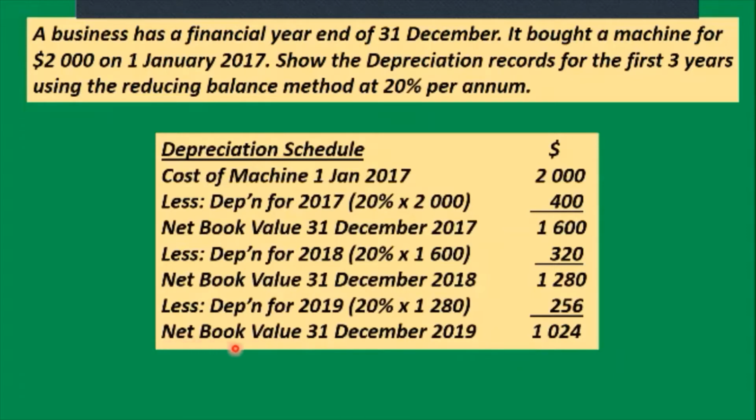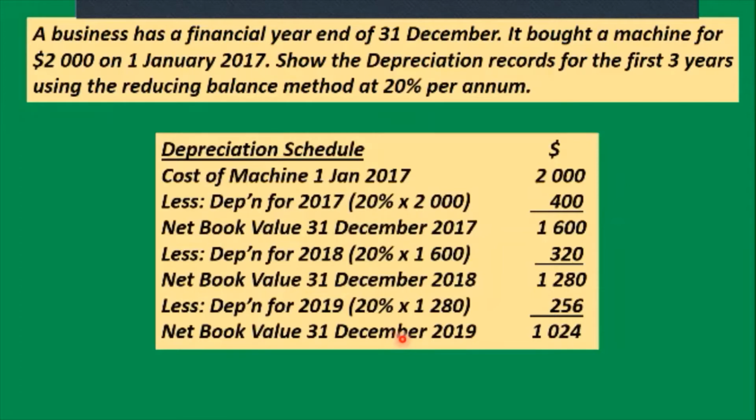It's called the net book value, sometimes abbreviated NBV. Our depreciation schedule will continue down as long as we keep the asset year after year. The reduced balance would be depreciated by a further 20%.